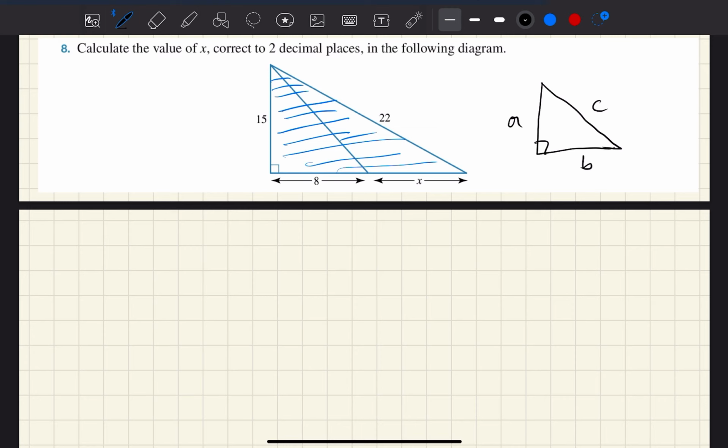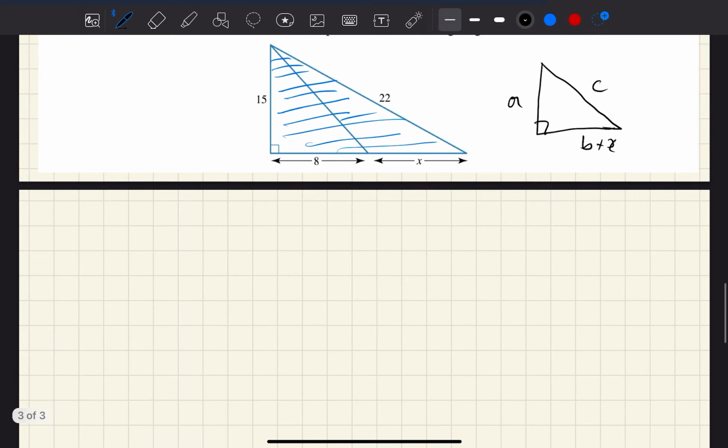That's the case we've got here. The only difference now is that we've got B being B plus X, but we don't know what X is. So we know that C squared is equal to A squared plus (B plus X) squared.